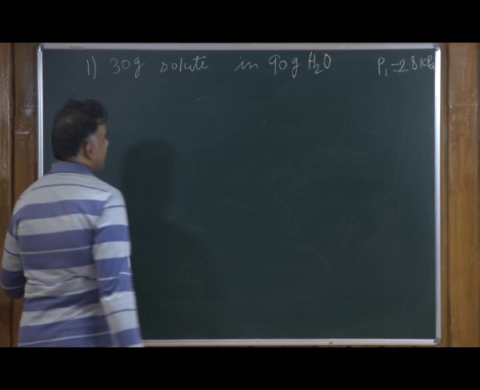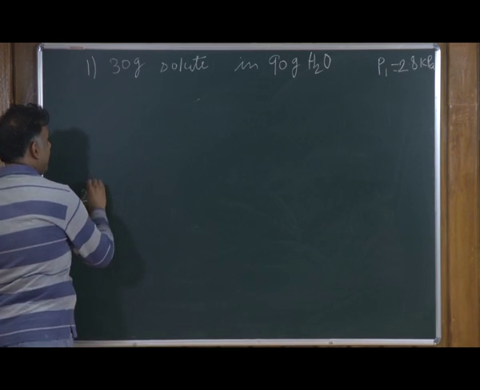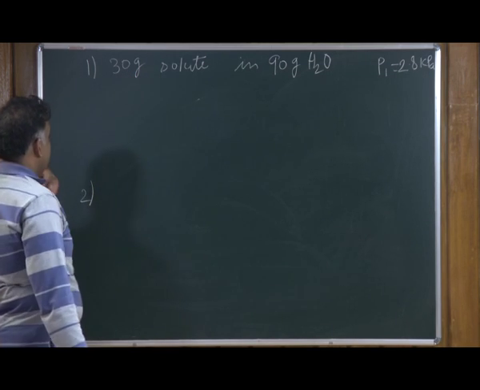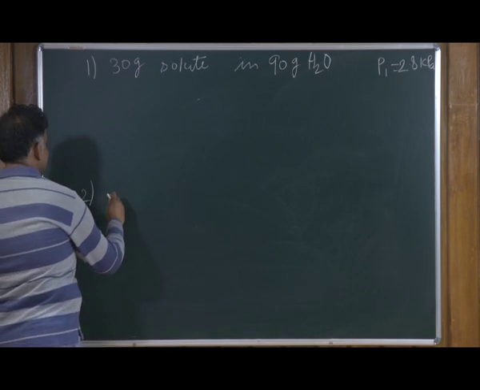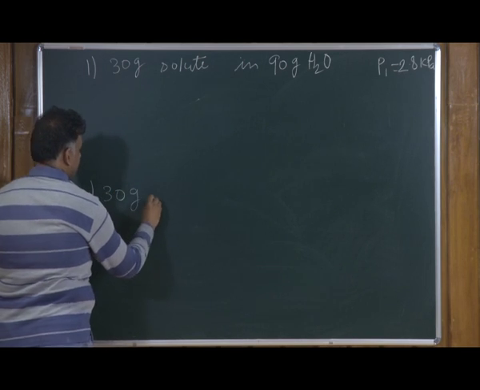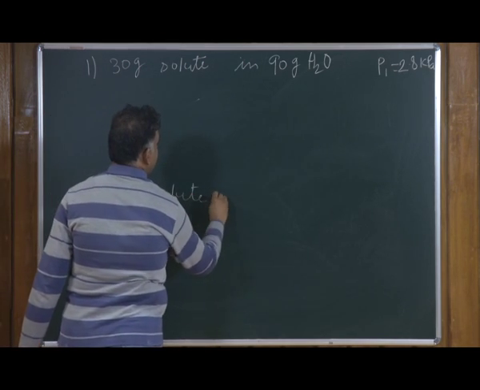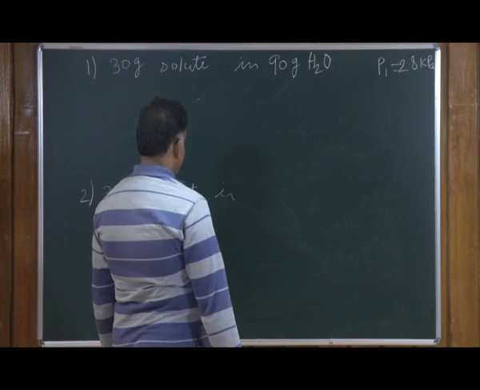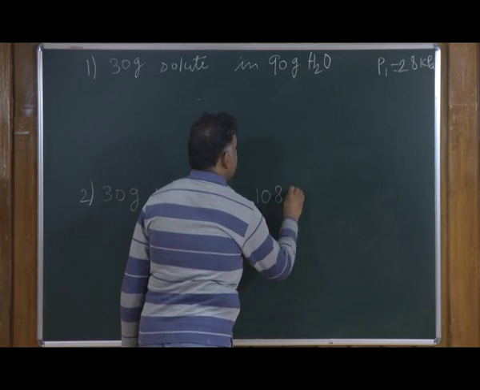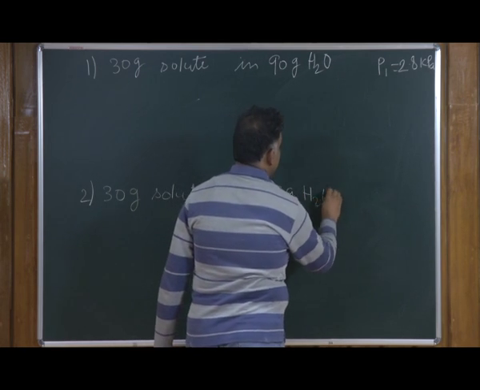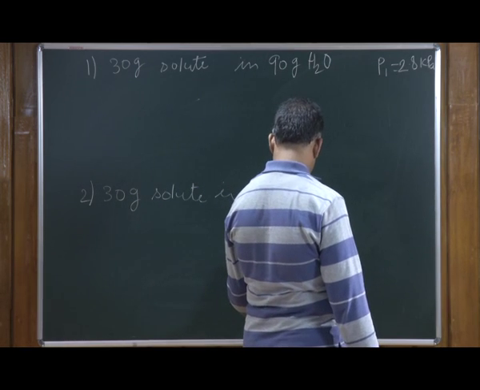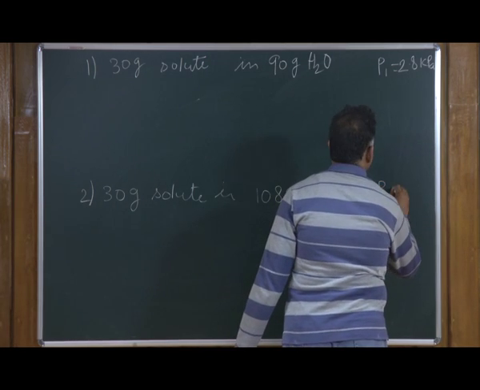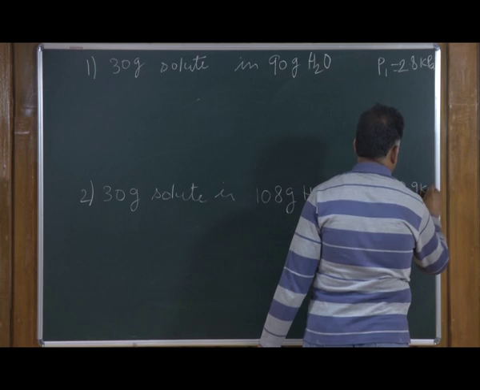And we have the second solution. The second solution is just prepared by adding 18 gram of water in this solution. So, the amount of solute remains the same. This is still 30 gram of solute in, now we have added 18 gram of water. So, the amount of water becomes 108 gram, and the resultant solution has a vapor pressure of 2.9 kilopascal.